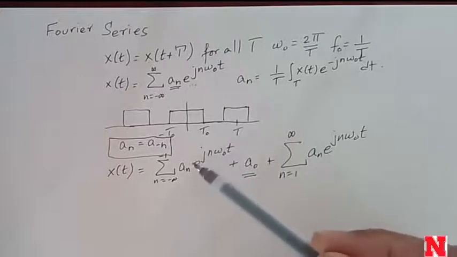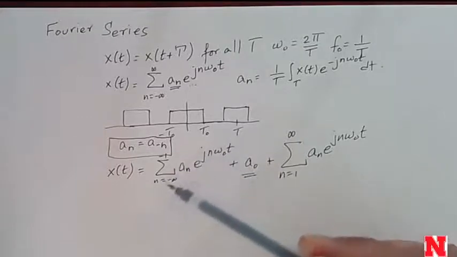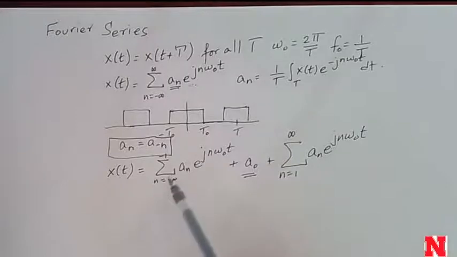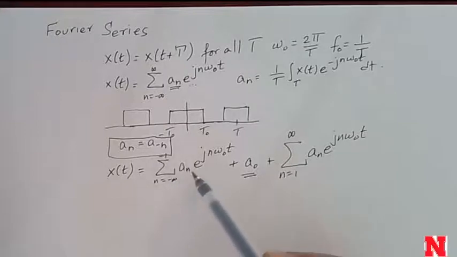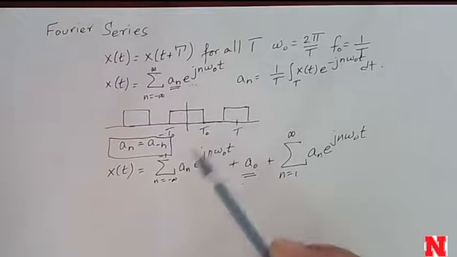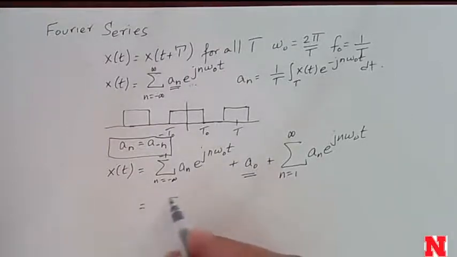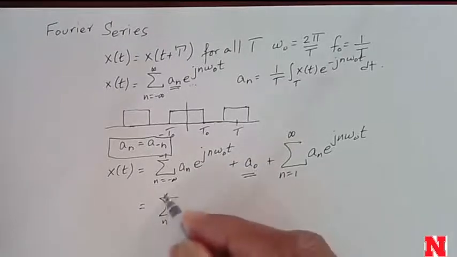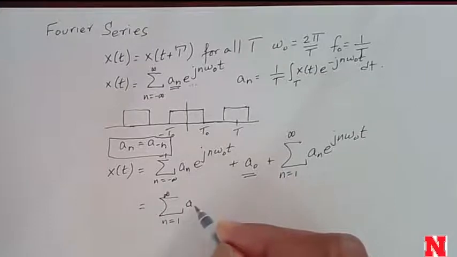Okay, so what I'm going to do now is I'm going to take this and I'll rewrite it. Instead of making this go from minus infinity to minus 1, I'll take that negative and I'll put it inside. So I'll replace n with minus n, and then I can have n go from 1 to infinity. So this goes summation n equals 1 to infinity of a sub minus n now.